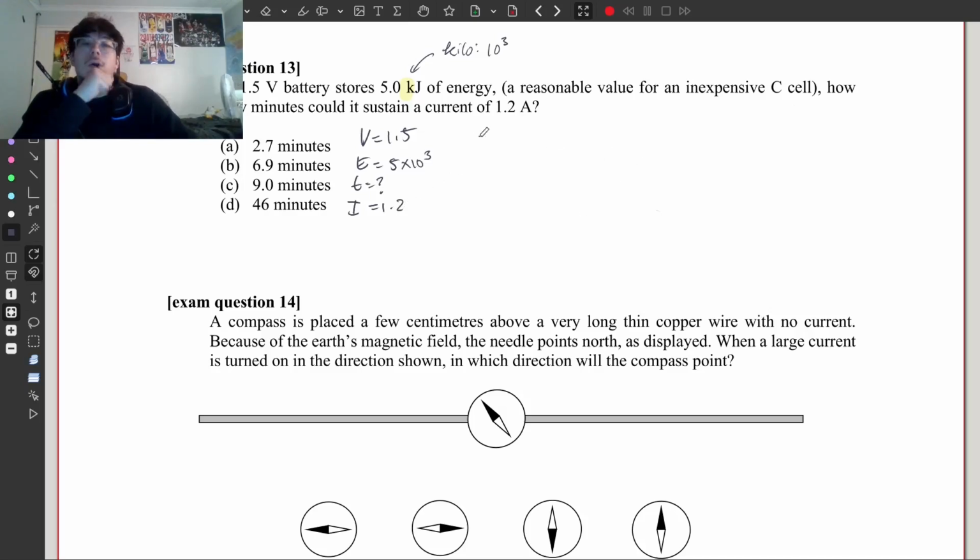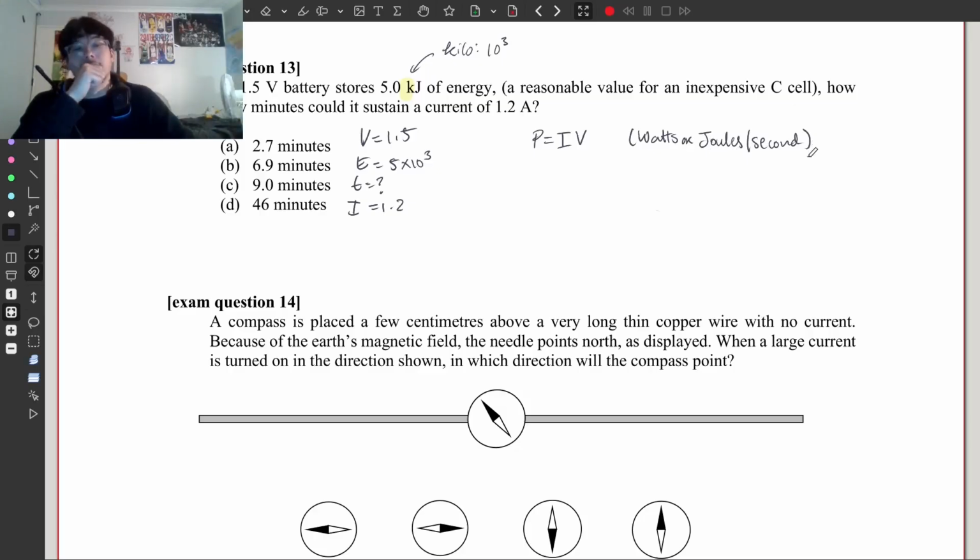So we know that the equation for power is going to be I times V. Now the units for this is watts, or joules per second.